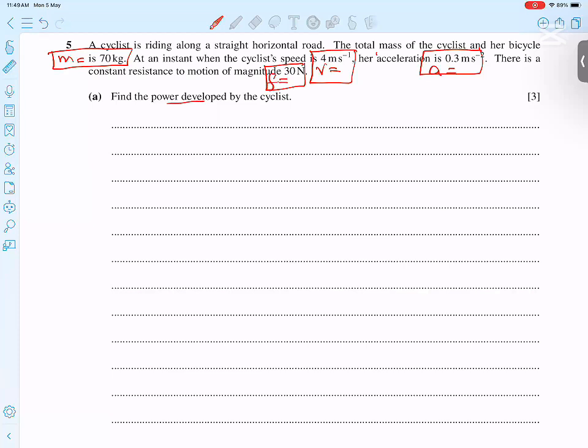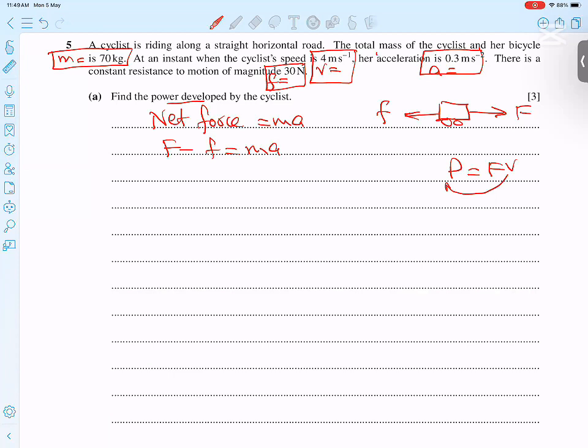Find the power developed. Basically the formula we use: net force equals ma. If the cyclist moves this way, there is an applied force and a backward friction force. We have the power formula, F times V. If we bring this V under it, force is replaced by power over V, minus friction equals ma. Plug in all values and we'll get our answer.